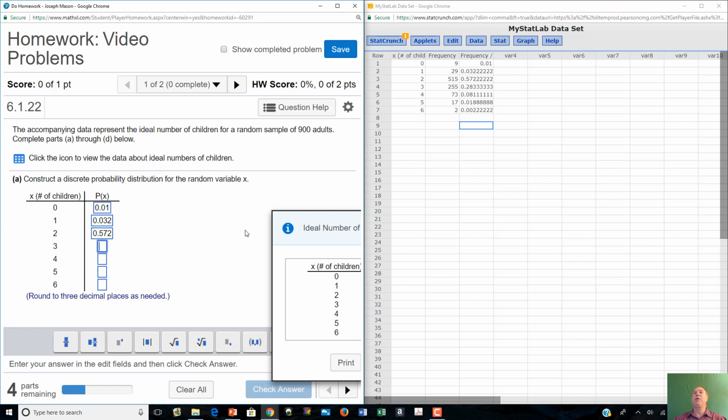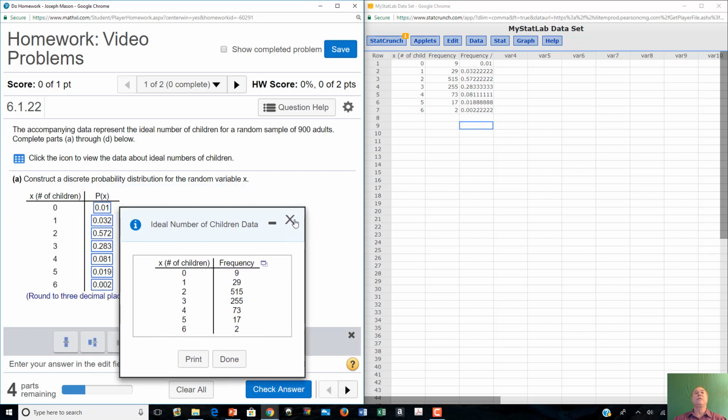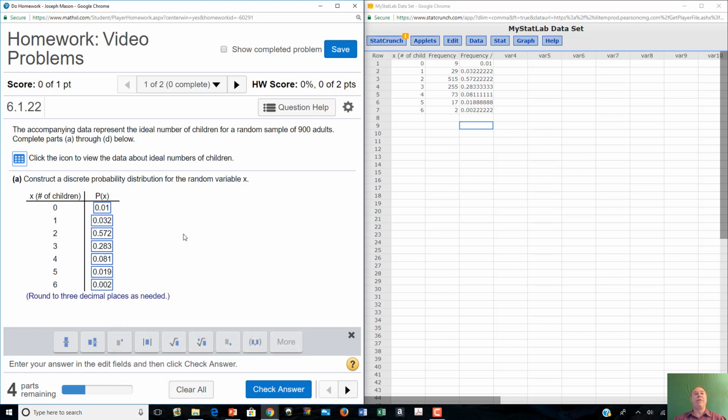For 3, it's 0.283. For 4, 0.081. For 5, 0.018. Now 19 when I round. And for 6, 0.002. Okay, so now I have those values entered. Okay, so I check my answer.